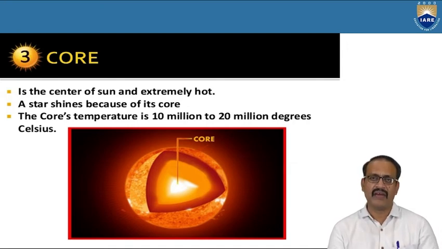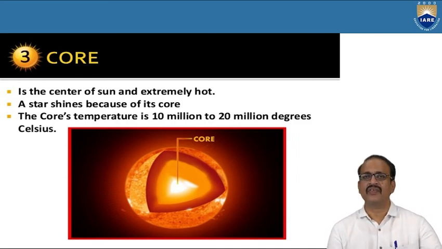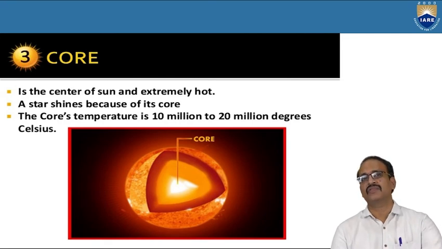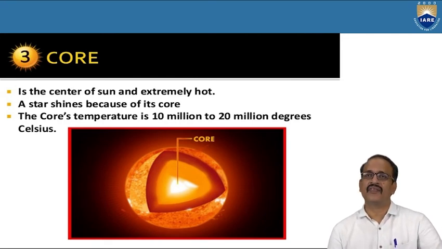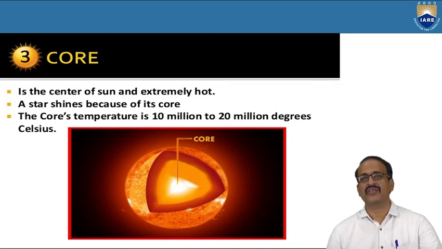With fission, if you are able to control it properly, you will get energy. If you are unable to control it, it will become a nuclear bomb. Here we are having nuclear fusion. In that core, the temperature will be very high, 10 million to 20 million degrees.